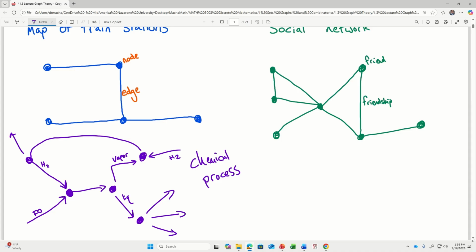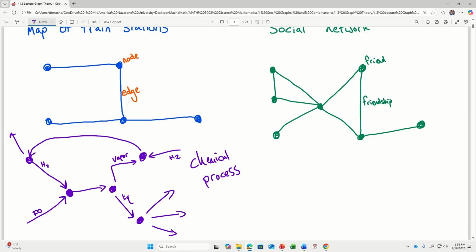I told you graphs could be directed or undirected. In a social network, you hope that your graph is not a directed graph. In a social network, you hope that the feeling is mutual and everyone is friends with each other, right? Like this would be like Facebook. If it were Twitter, I guess it would be a directed graph, right?